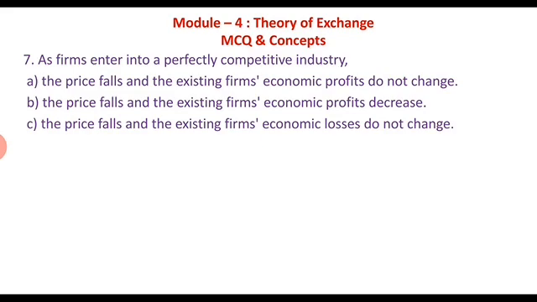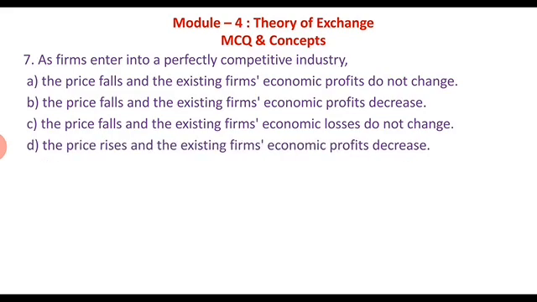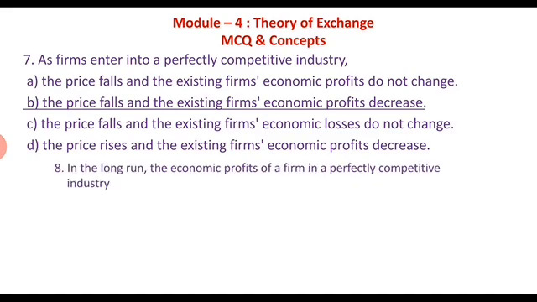C. The price falls and the existing firms economic losses do not change. D. The price rises and existing firms economic profits decrease. Answer is the price falls and existing firms economic profits decrease.